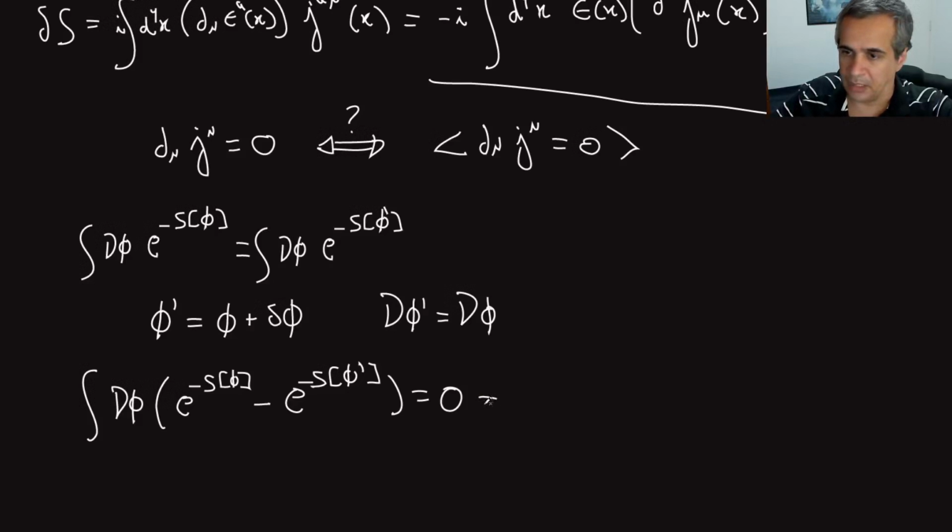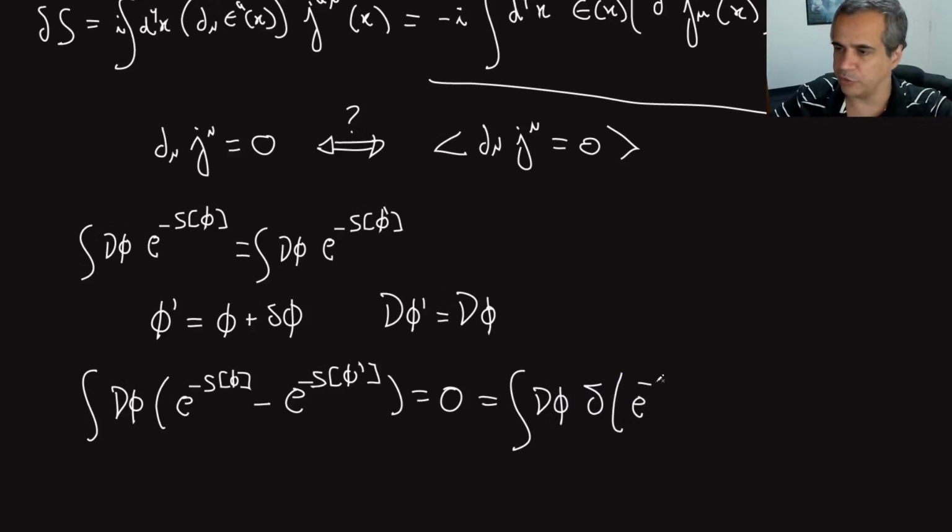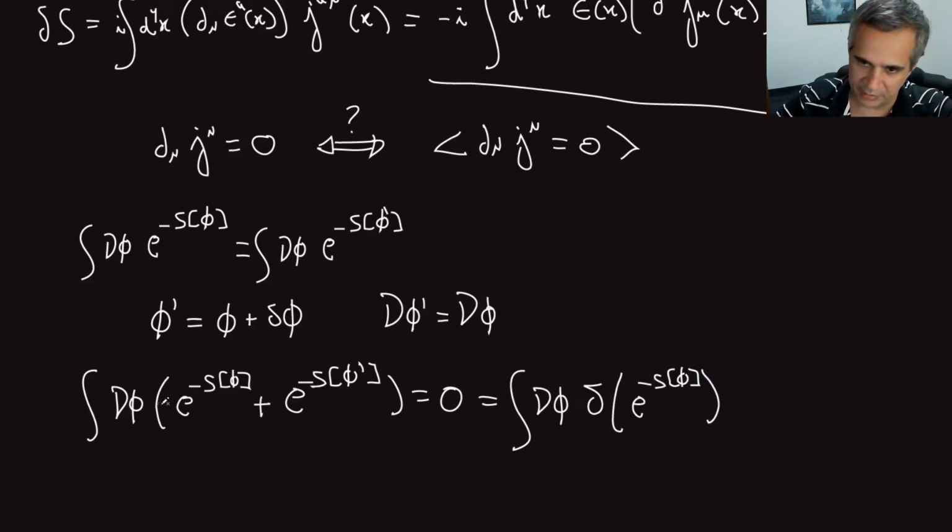So this is obviously the variation of this exponential under this transformation, right? This is how the exponential of minus S of phi varies when I do this transformation, this subtraction. Of course, I should have the opposite sign, but fine.